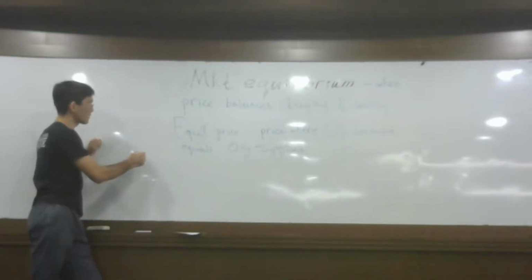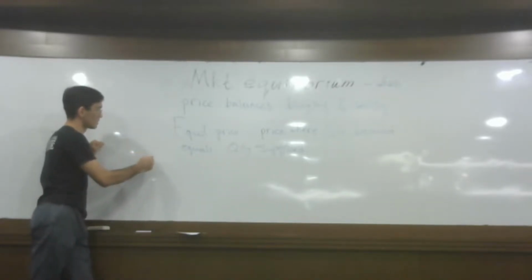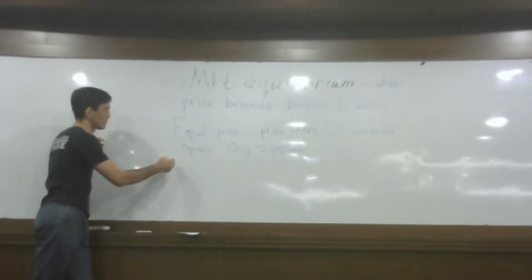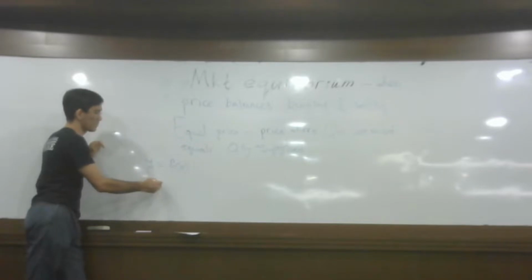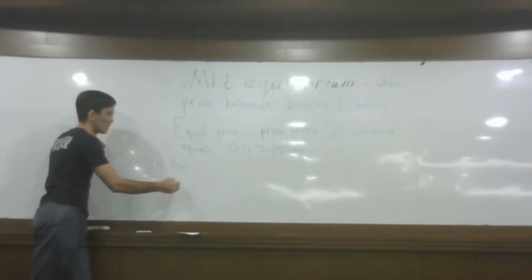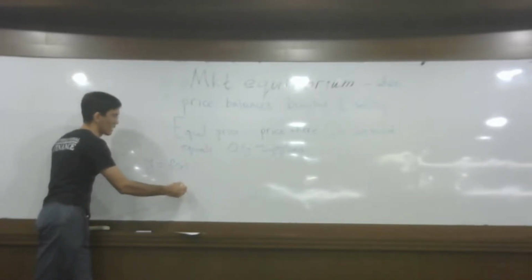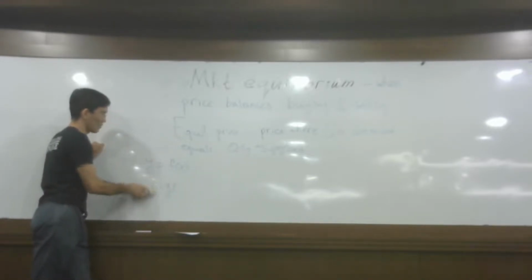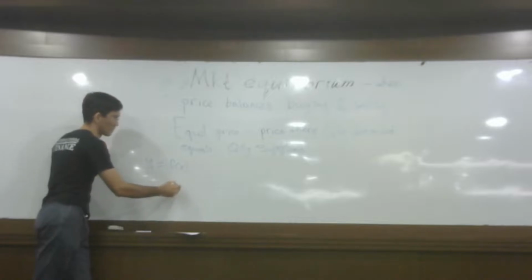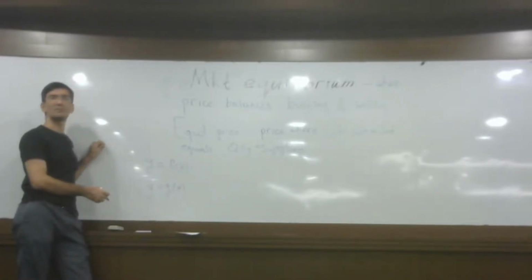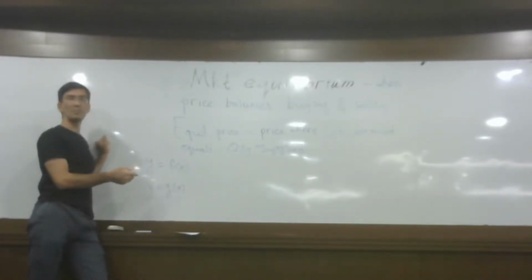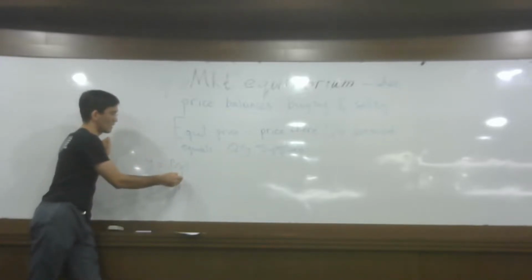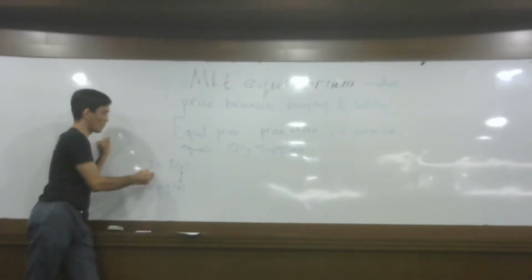So we simply have two functions, something like y equals f of x, and something like y equals g of x. Two different functions, right? Basically, equilibrium price is that price at which quantities are equal.